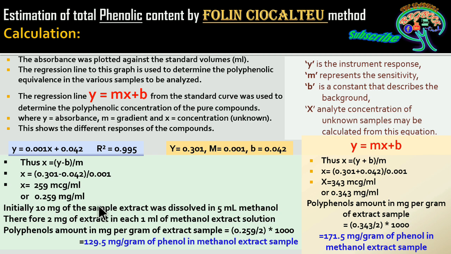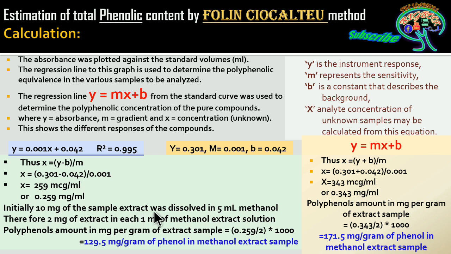As we have taken around 10 milligrams in 5 ml of the methanol extract, where in the methanol we have dissolved this 10 milligram, so here each ml of the solution for the unknown sample contains 2 milligrams of the sample extract.